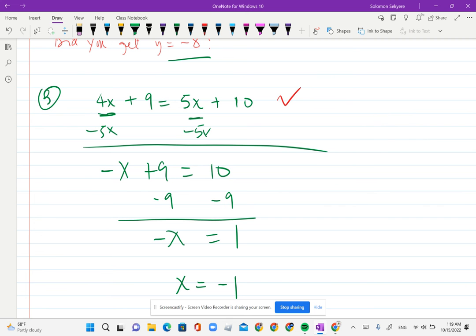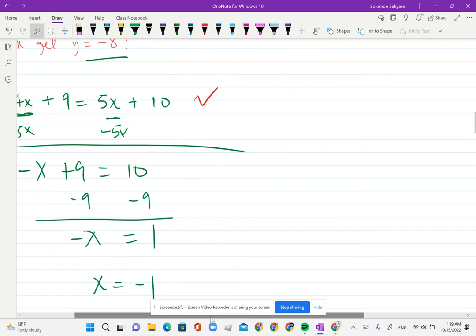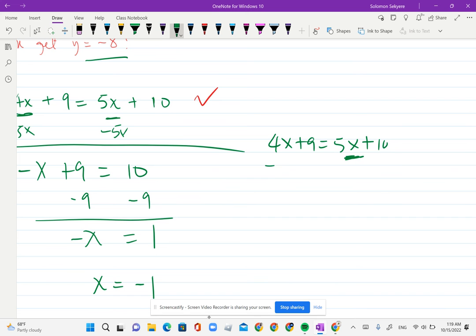You could have also done it another way. You're always going to collect your variables on the left side, or you can also collect your variables where you have more. In that case, with 4x plus 9 equals 5x plus 10, you can say we have more on the right side, so I'm going to move that to where I have more.